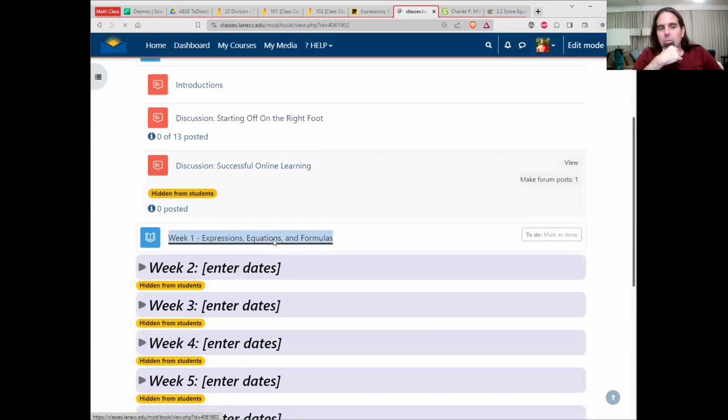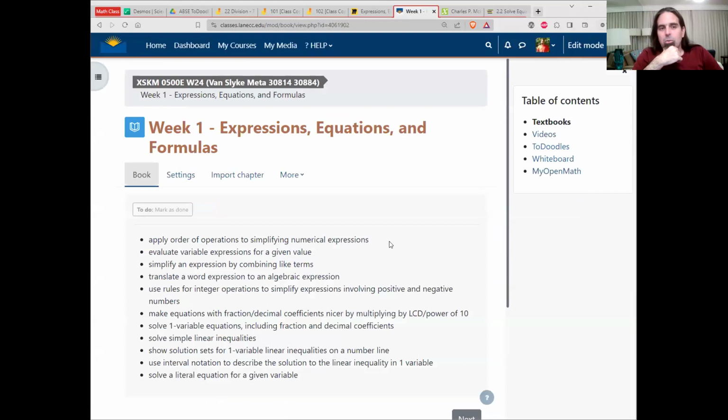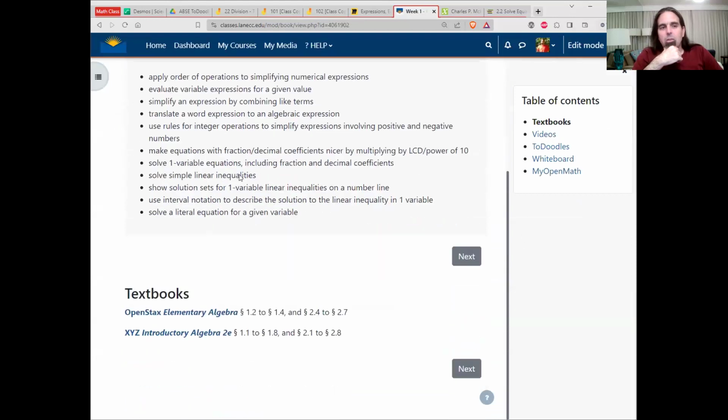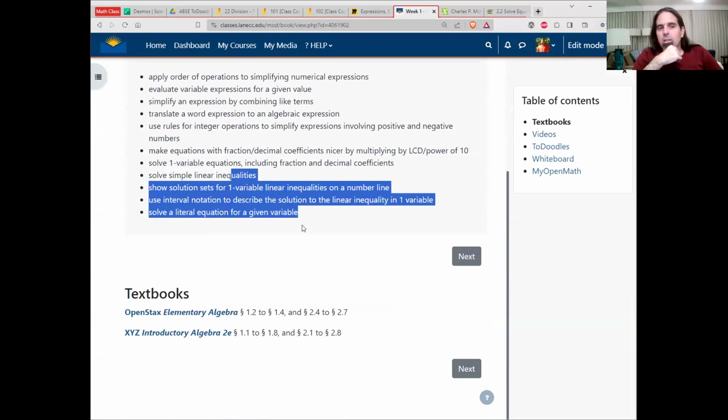And then your main homework is to go through this week 1 thing. You don't have anything to do with linear inequalities. We haven't talked about that yet. So when you get to the MyOpen Maths about that, just skip them for now. Don't do those yet. But you can look at the textbook sections in either or both textbooks, see what makes sense to you.